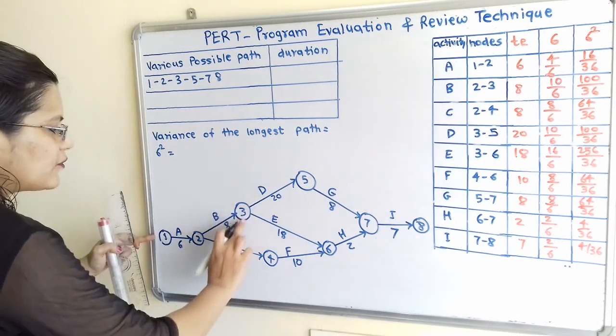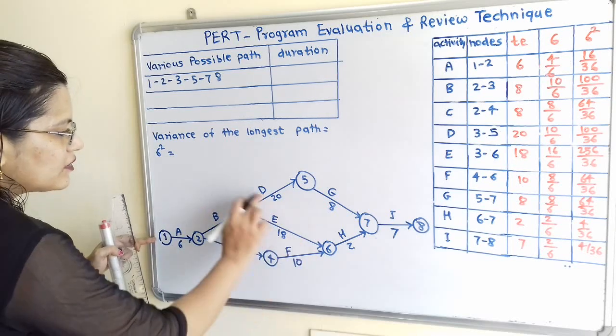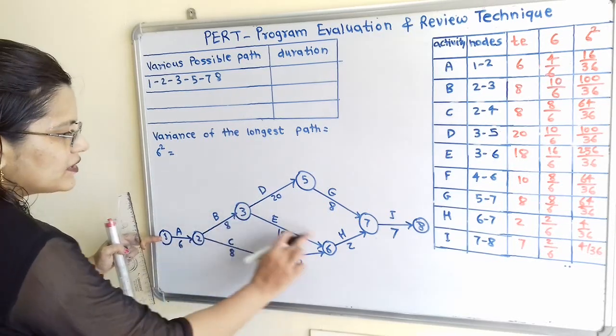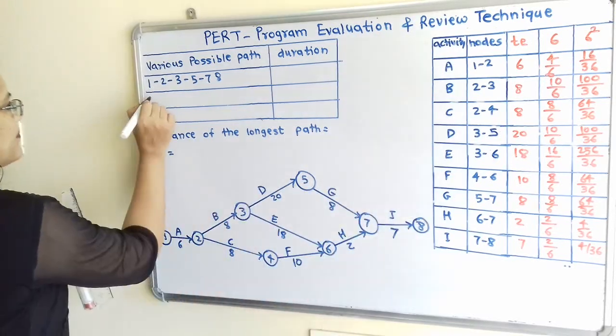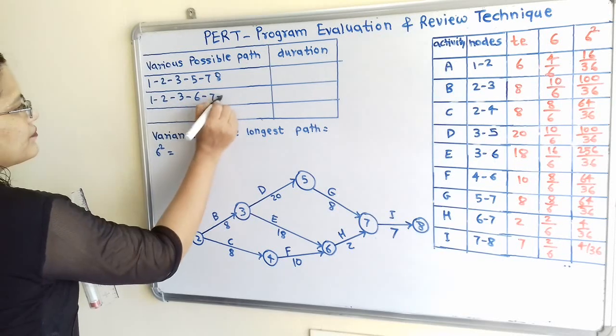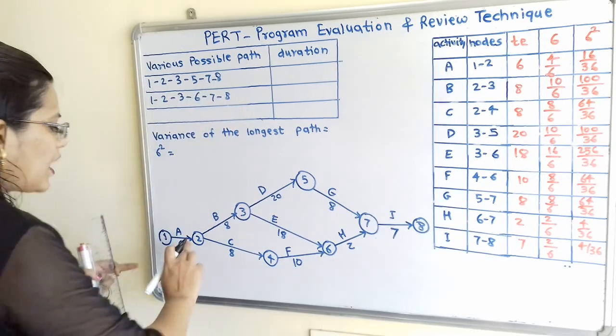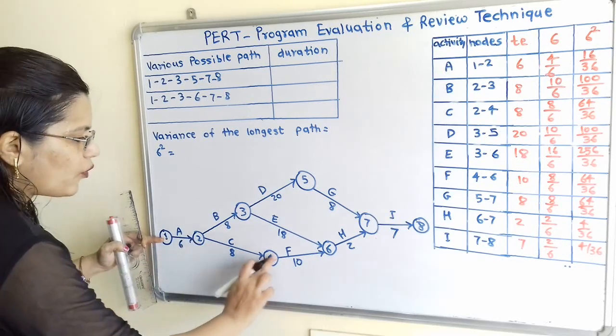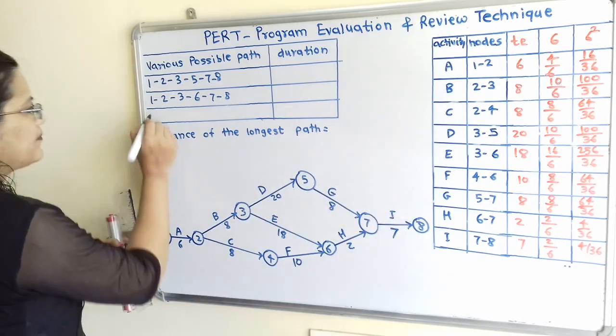Then if we observe at 3, there are 2 branches. So again we will write 1, 2, 3, 6, 7, 8. And now from 2 also there are 2 branches. So here 1, 2, 4, 6, 7, 8.